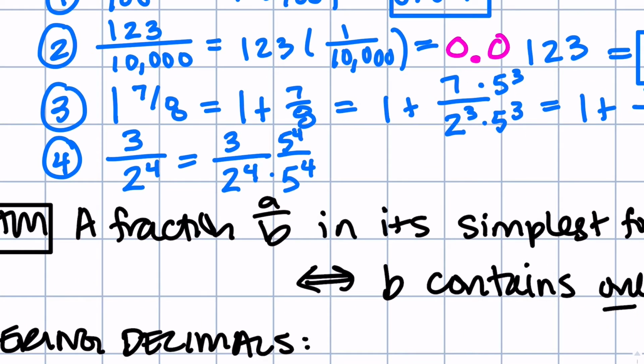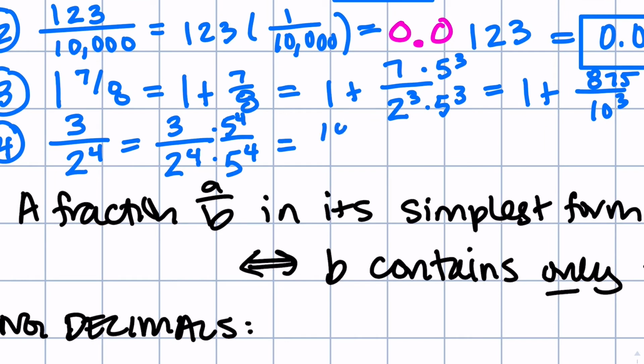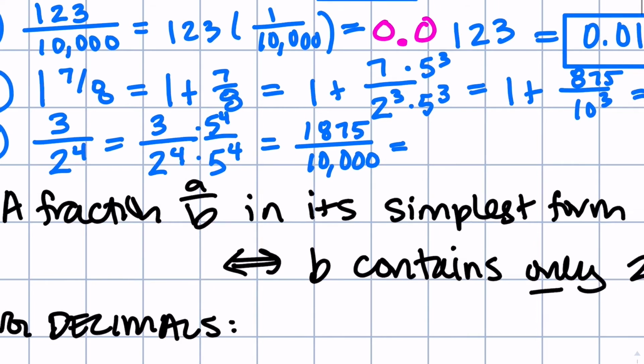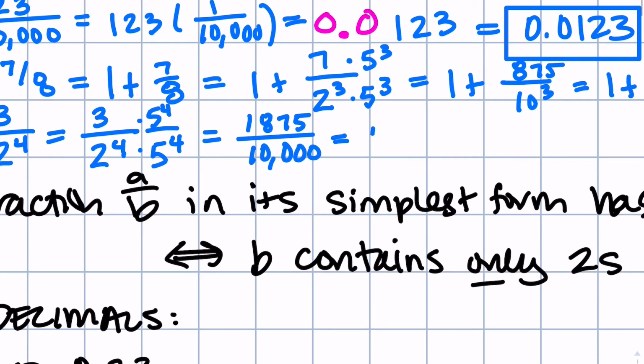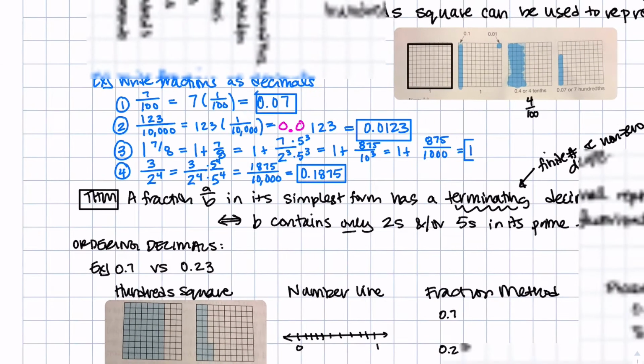Sorry, I should have left a little more space. But I'm just multiplying by 5 to the 4th over 5 to the 4th. And multiplying that out, I get 1,875, so 1875 over 10,000 this time. I should have 10 to the 4th in the denominator, not 10 to the 3rd. And so this should be 0.1875. Great.